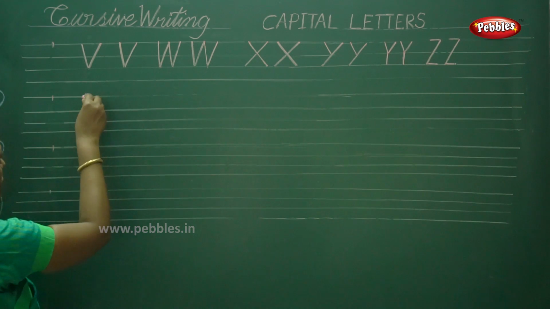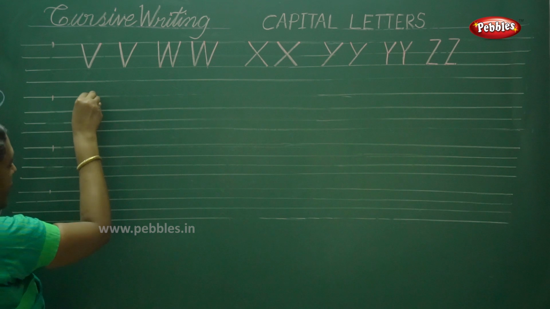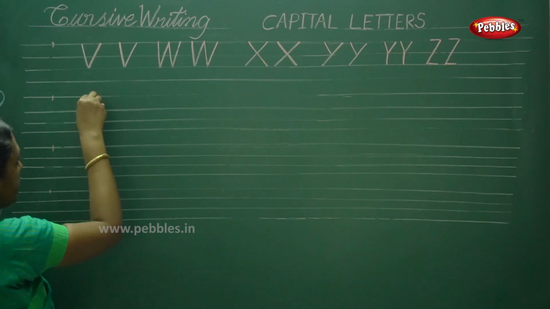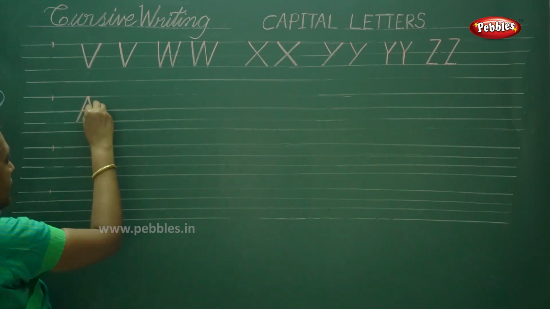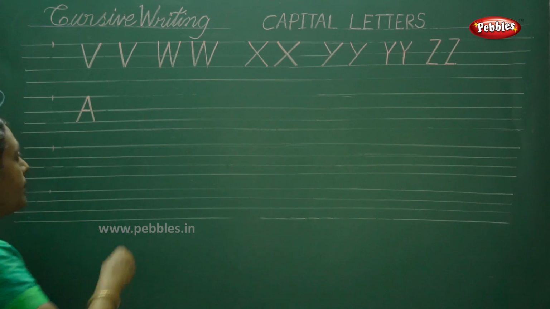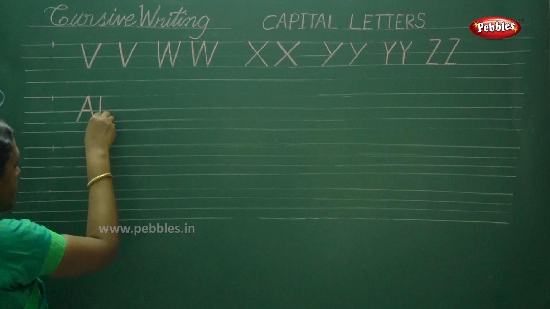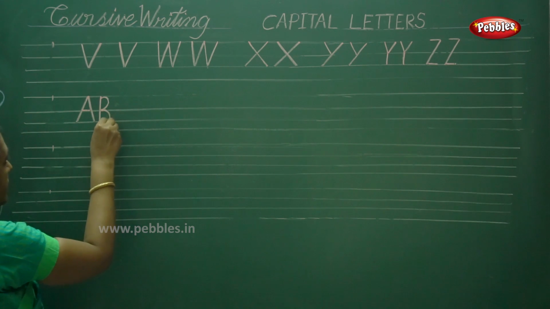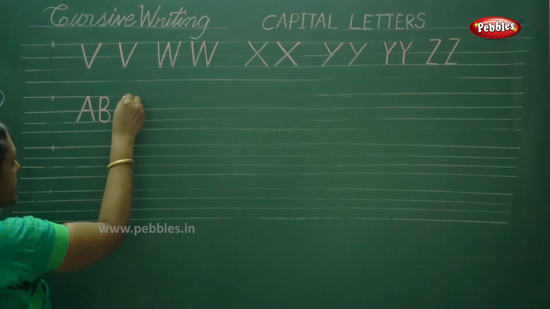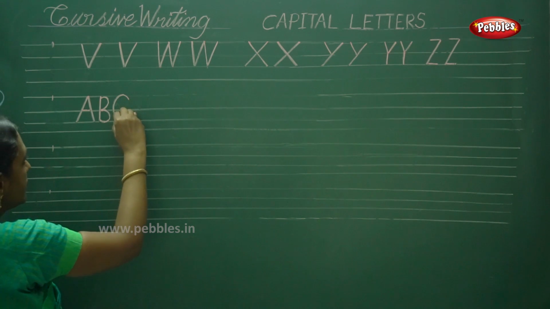Okay, now we have to write A. That's a slanting line, and one more slanting line, then a steeping line, that is A. Closer to this, B: a straight line and a right curve, and C is the crescent shape curve.